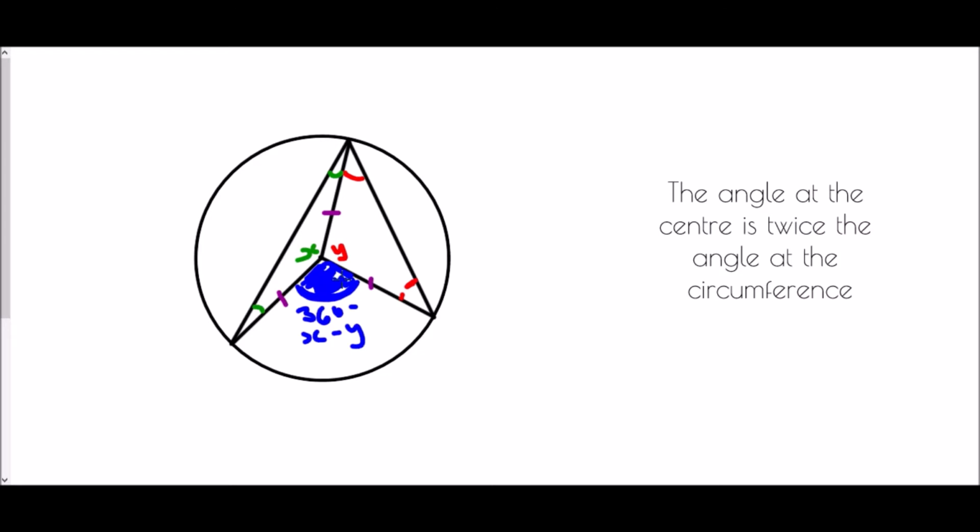Now, the red angles that we have marked, well, this is an isosceles triangle, and so this angle here would be 180, take away y, all over 2. And the green angle, well, this would be 180, take away x, all over 2.